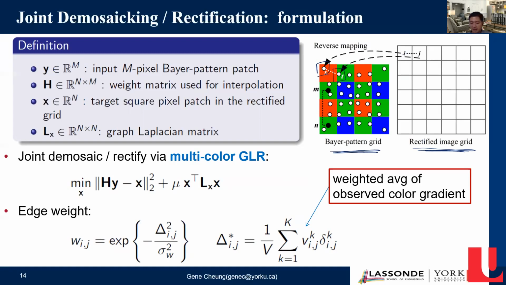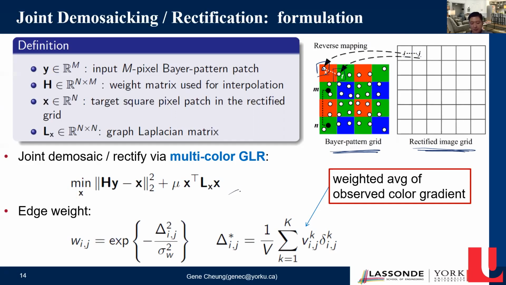At the Bayer pattern grid, you can observe different color pixels. This is pre-demosaic, so you have these different color pixels at different pixel locations. What you want to do is interpolate the missing color pixels in the rectified grid based on the color information in the Bayer pattern grid.